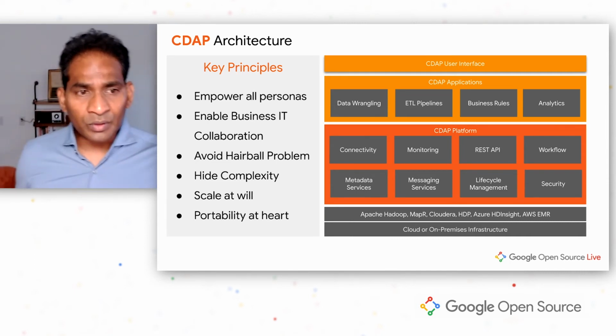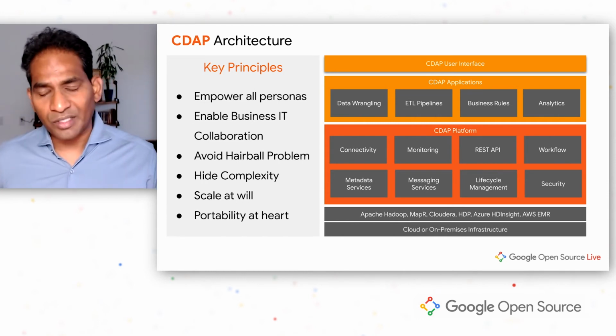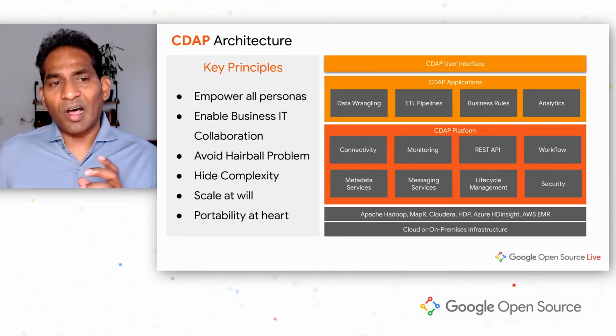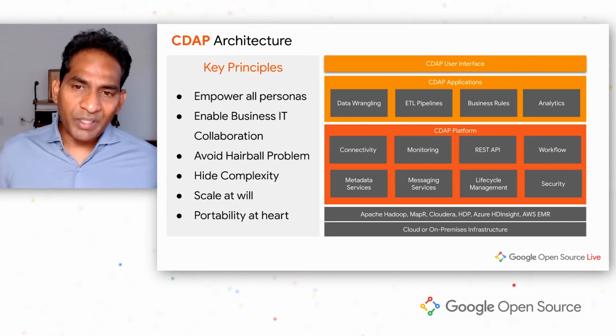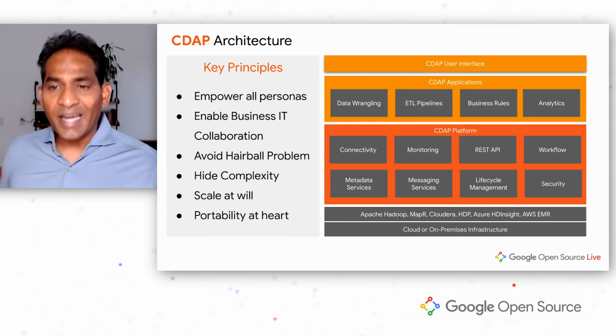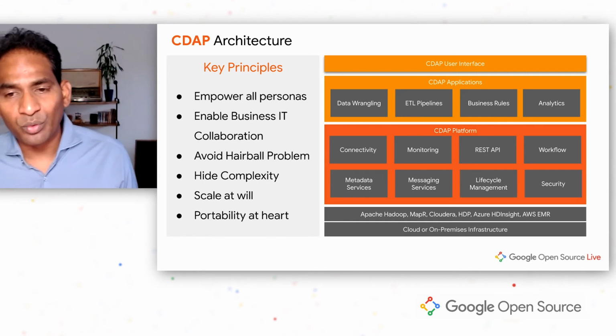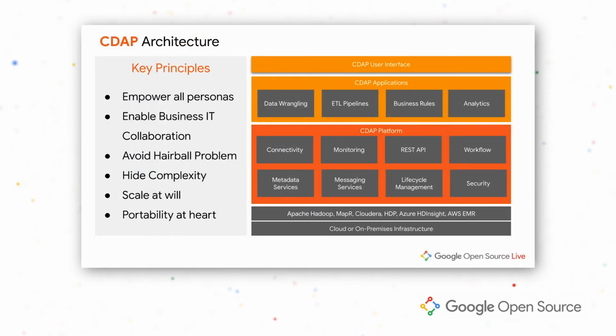And we also wanted to ensure that there is a lot of business IT collaboration. There are a lot of times when you go into enterprises, things are lost between business and IT, because business requirements are different. They need to be translated, and then IT has to figure out a way to bring in the data or integrate the data. There was a research that was done a long time back.